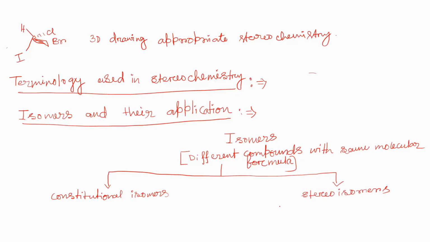Stereoisomers are isomers with a different 3D arrangement only. That is a short definition of stereoisomers.